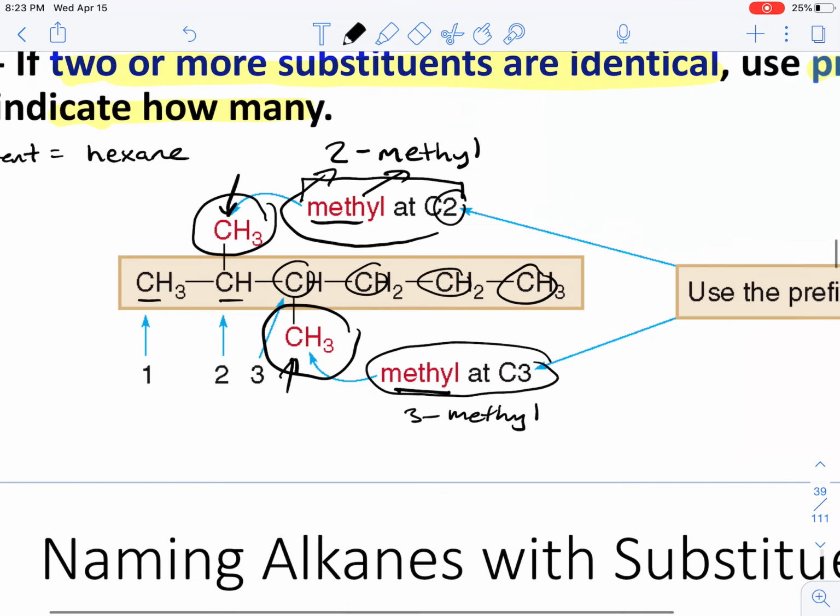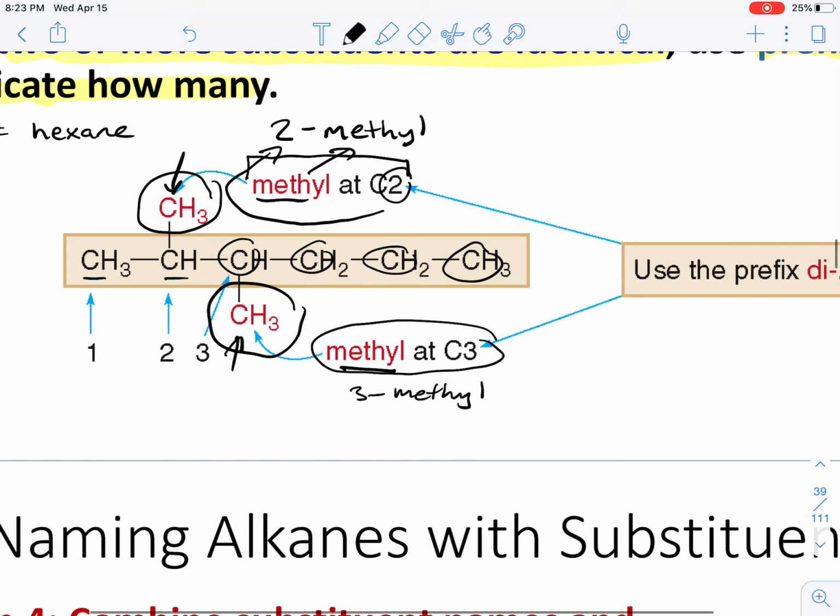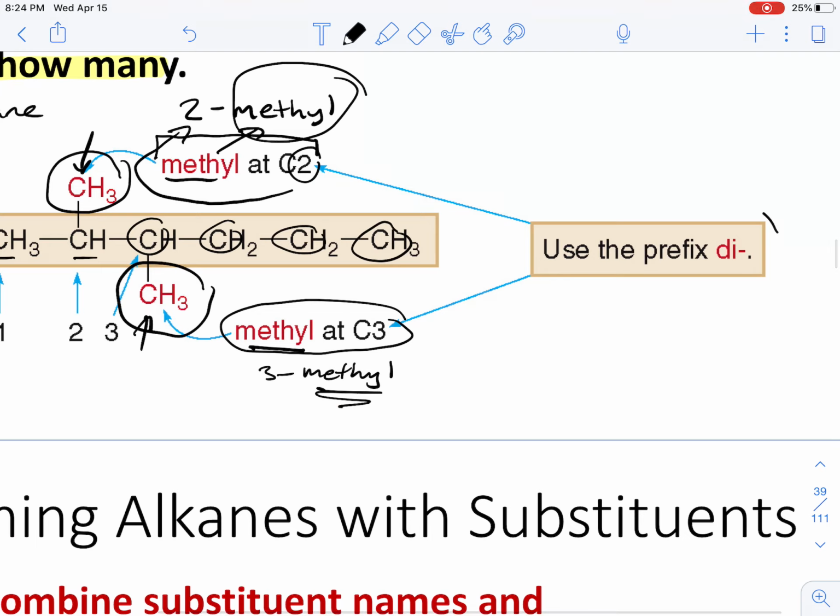Now what this is telling us is that since they're both methyl groups, then we can just go ahead and combine them into one item. We don't need to list them out separately. And so we're going to use the prefix di to represent that we have 2 methyl groups on this parent chain.